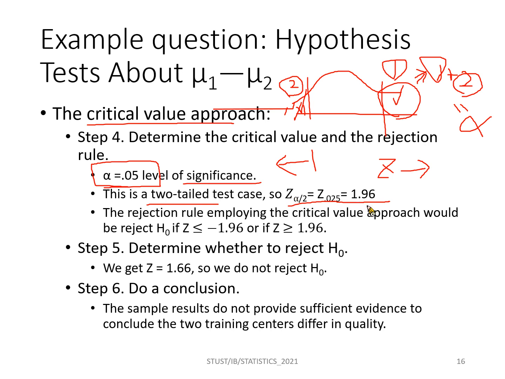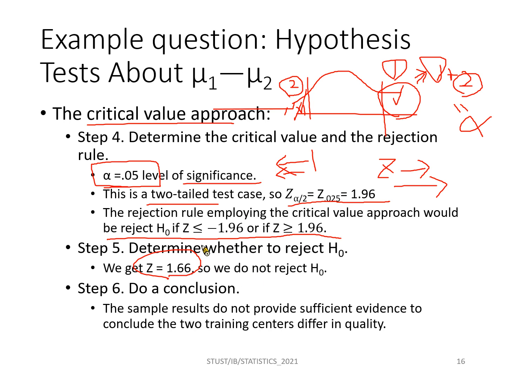So here it is 1.96. You can then express the rejection rule: the z-value is less than or equal to negative 1.96 or larger than 1.96. Today you calculated your z-value as 1.66.